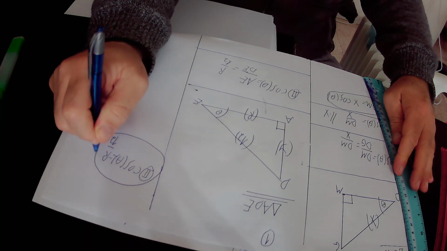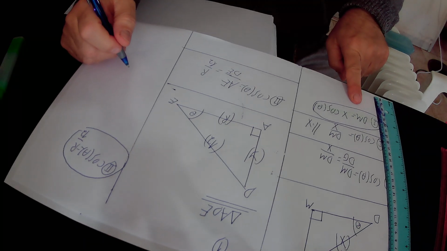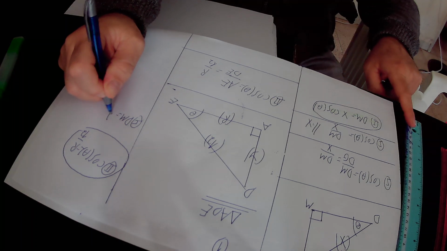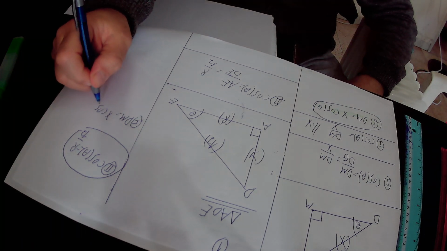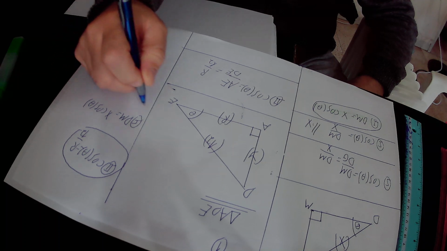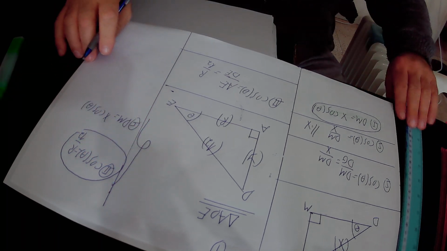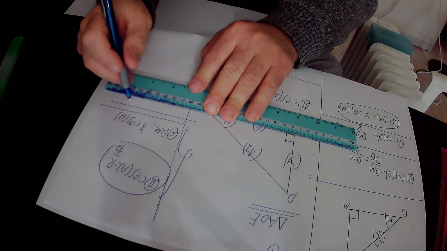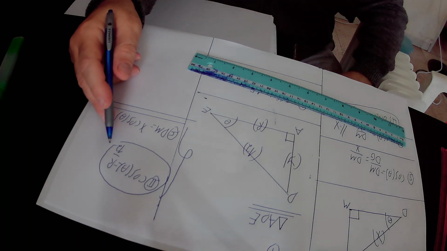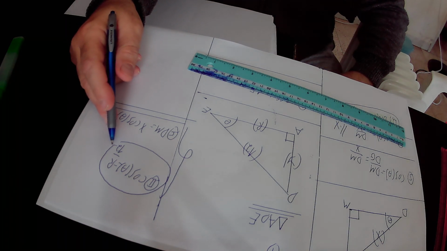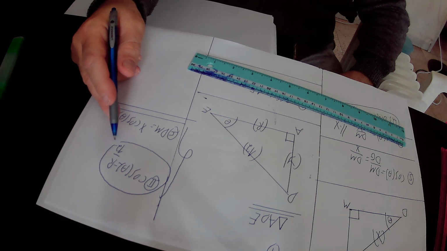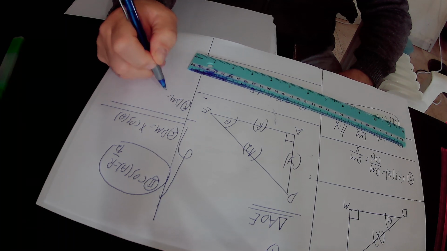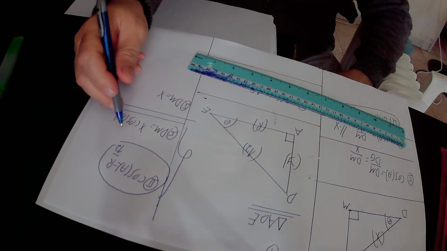This is according to equation 2, but we have already found that according to equation 1, DM equals x times cosine theta. So here we have two equations. Here we can substitute cosine theta in equation 1 by r over 12 from equation 2, because cosine theta equals r over 12. We'll do it now, and finally we get that DM equals x times cosine theta, and cosine theta is r over 12.